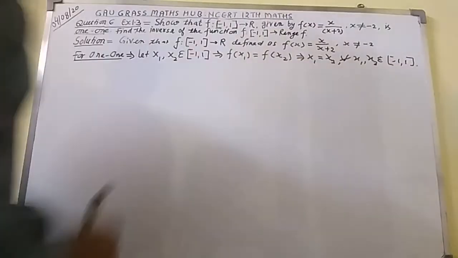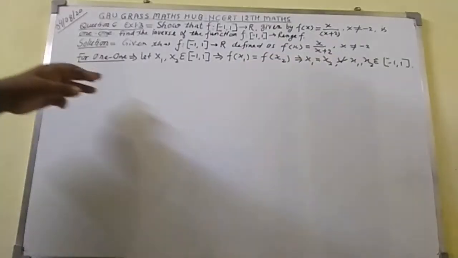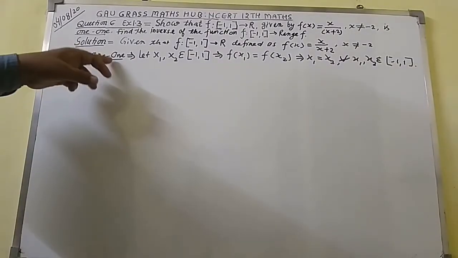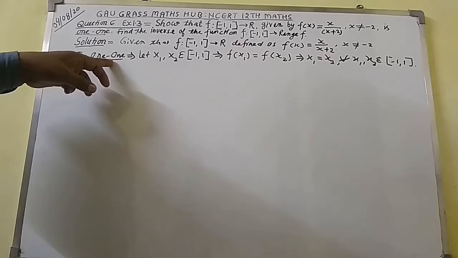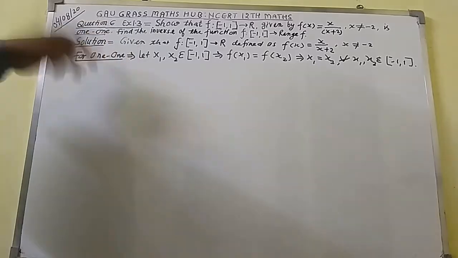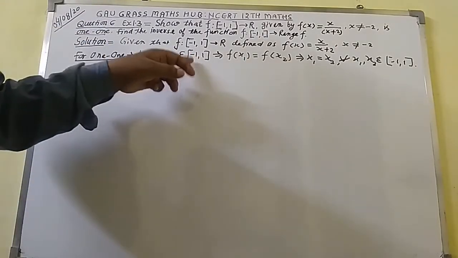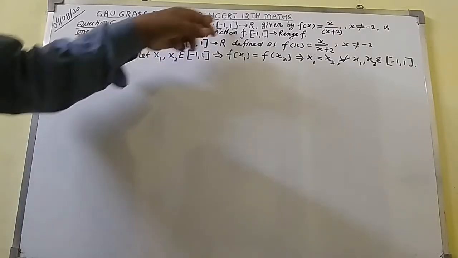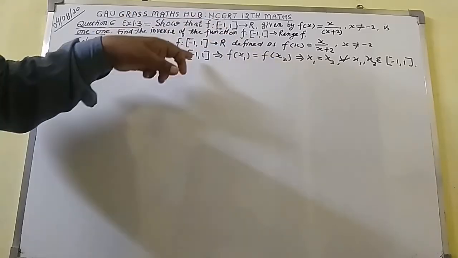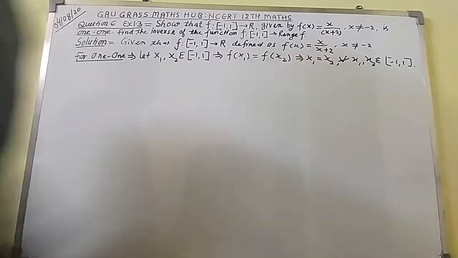This is the statement you have to write for the function to be one-one, for all types of questions where you have to prove a function as one-one. The only difference is that here at this place will come the domain. You can see in the original function this is the domain.